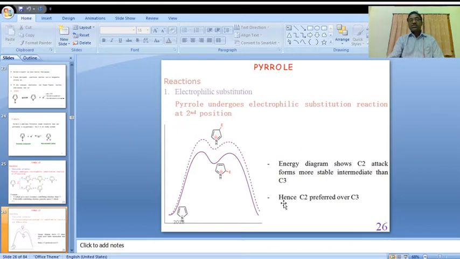Hence, C2 is preferred over C3, and C2 products are obtained in more yield. Is it clear, all of you? This is another evidence for formation of the C2 product.